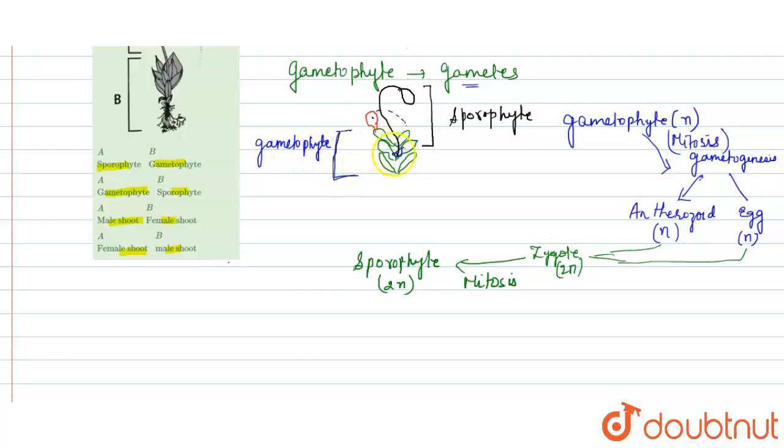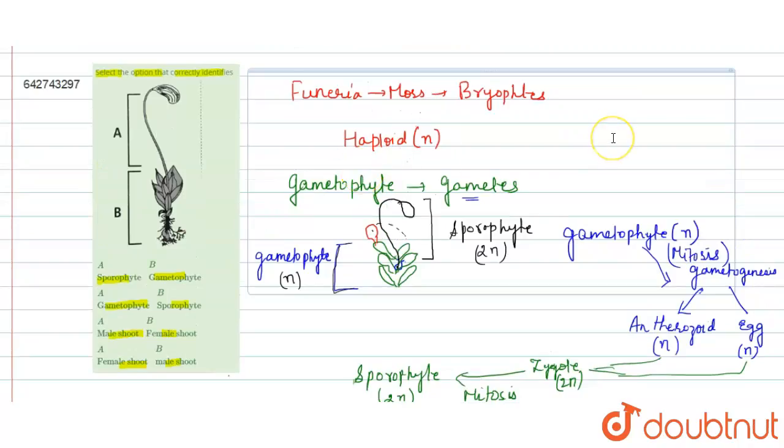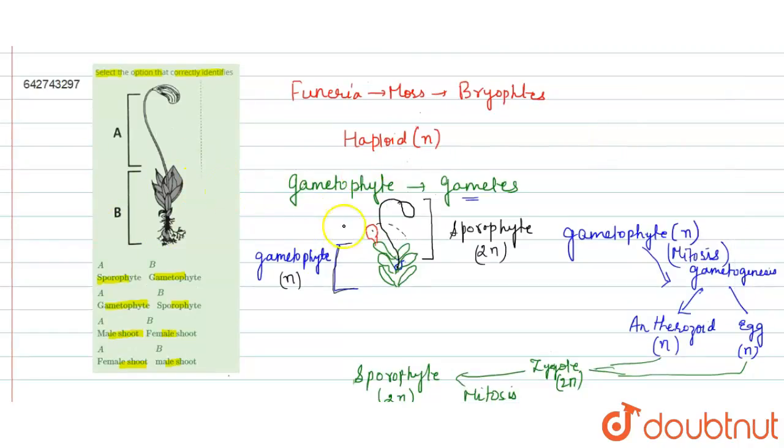So, if I ask you what is the ploidy of this gametophyte, you will say that it is n in nature, and this sporophyte is 2n in nature. Now, what are these structures known as? Let us look at the diagram here. This structure is known as the capsule.